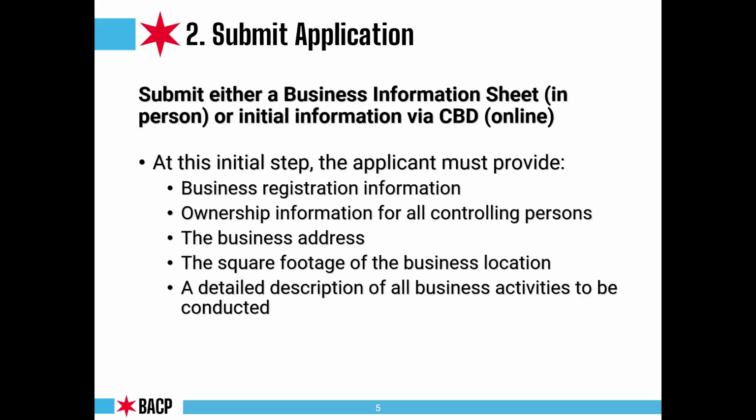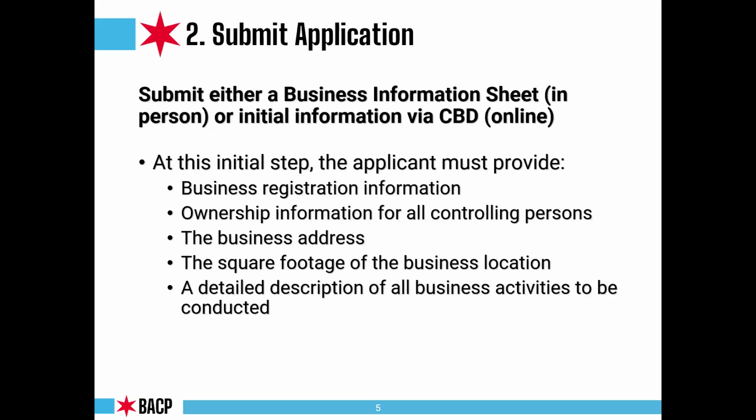And then as part of your application, we're also going to need a detailed description of what your activity is, what your operations are, how you are making money, what service or product you are offering. The more we know, the better, right? What we don't want happening is we don't want to under license you, and then have you have a license that doesn't properly license the activities that you engage in.